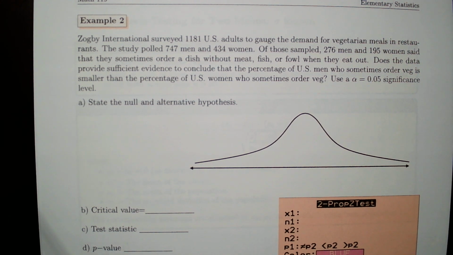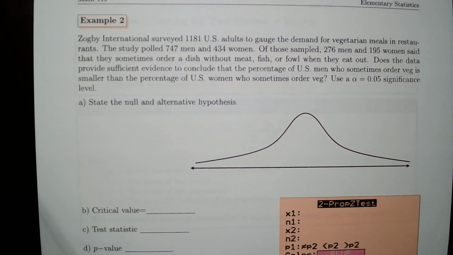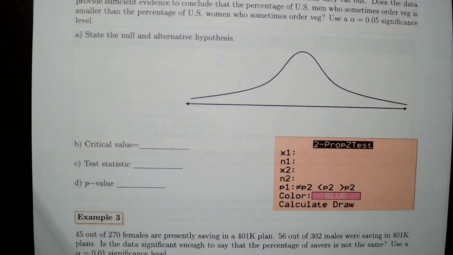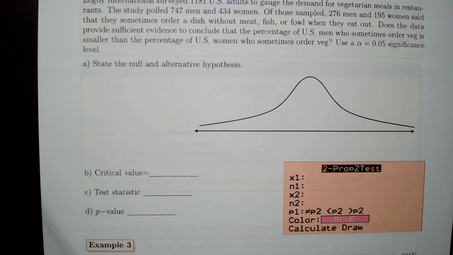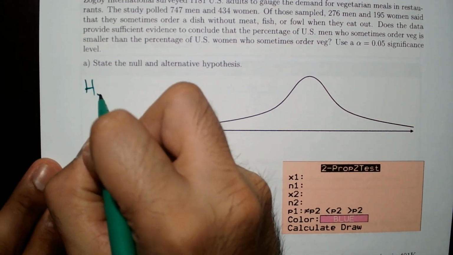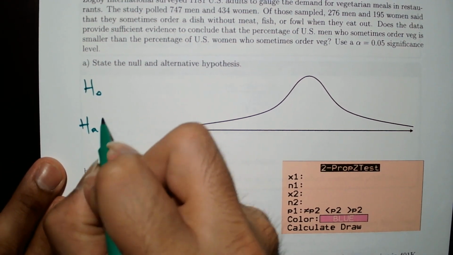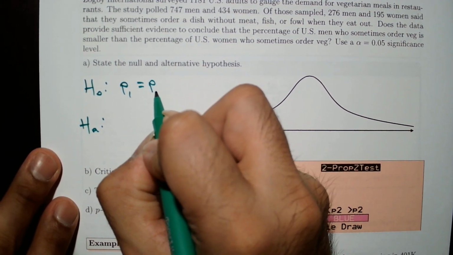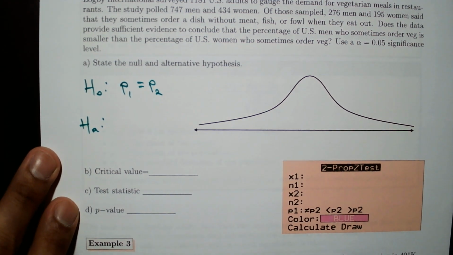Okay, so how are we going to do this? Let's get the data, and let's state the null hypothesis and the alternative hypothesis. The null hypothesis is that both proportions are the same, P1 equals P2.